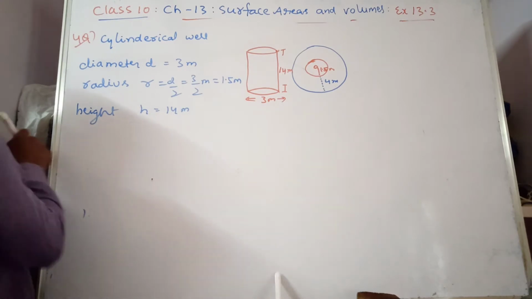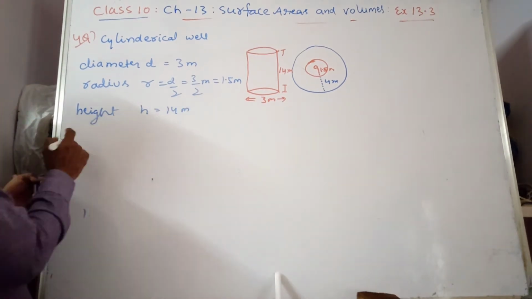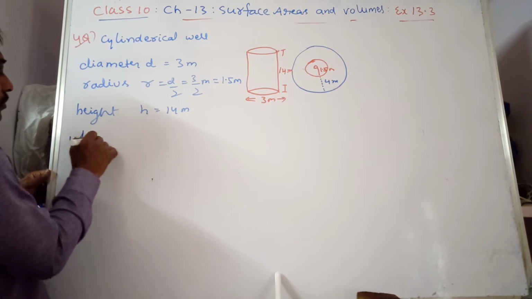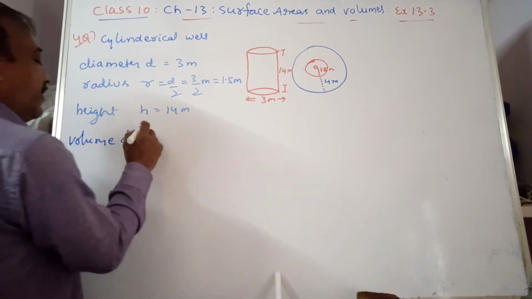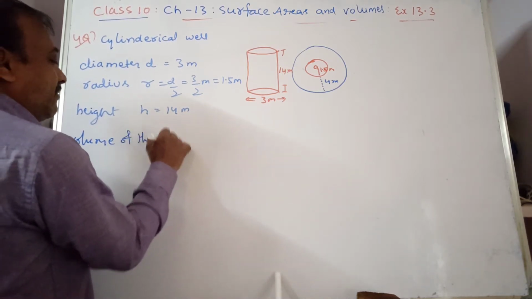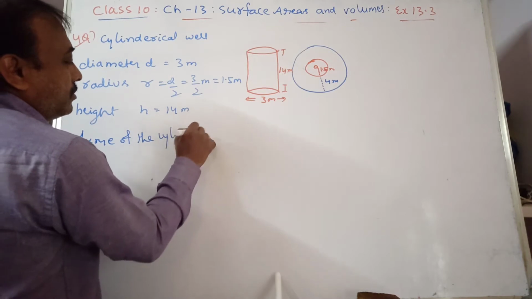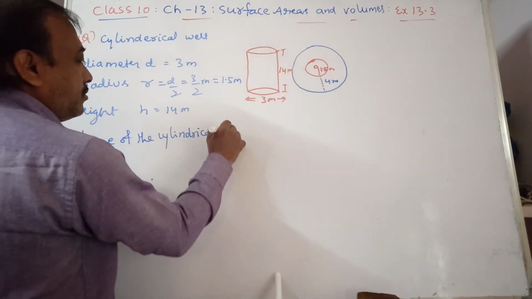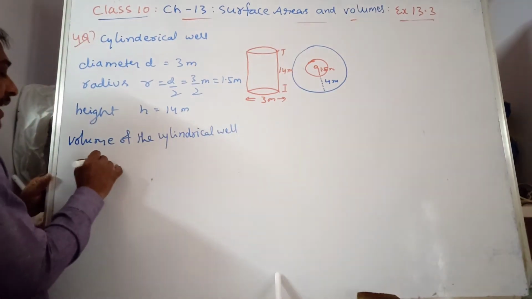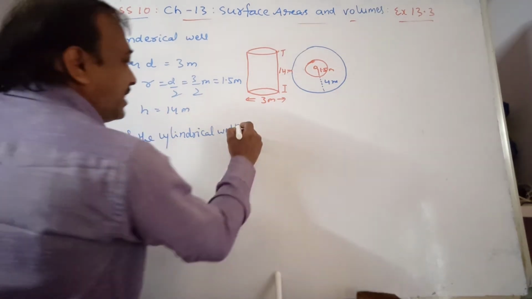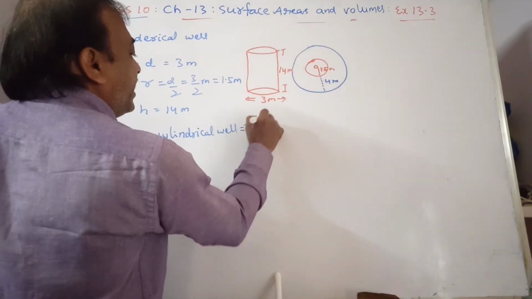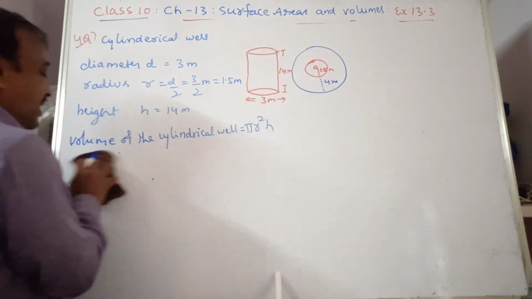Volume of the well, that is the volume of the earth taken out, in the sense the volume of the cylindrical well, is equal to pi r square h. This is the volume of the cylindrical well.